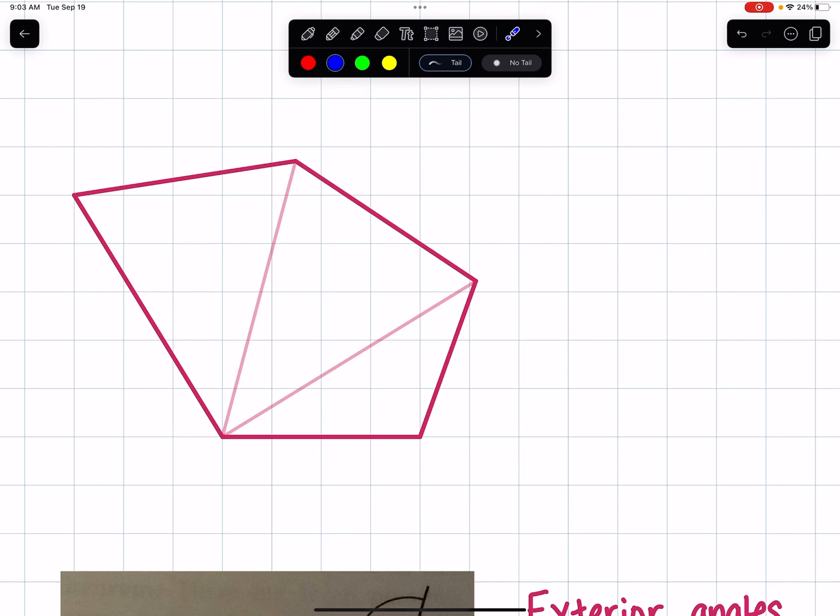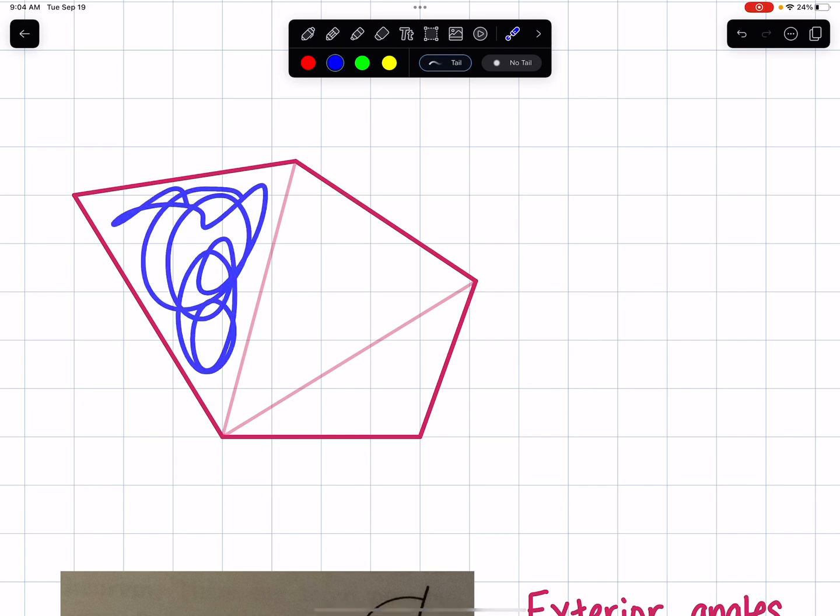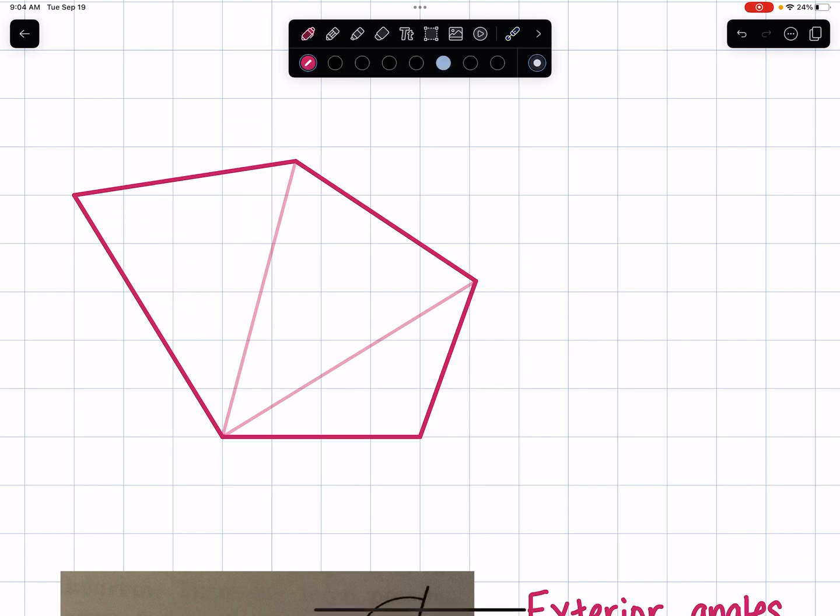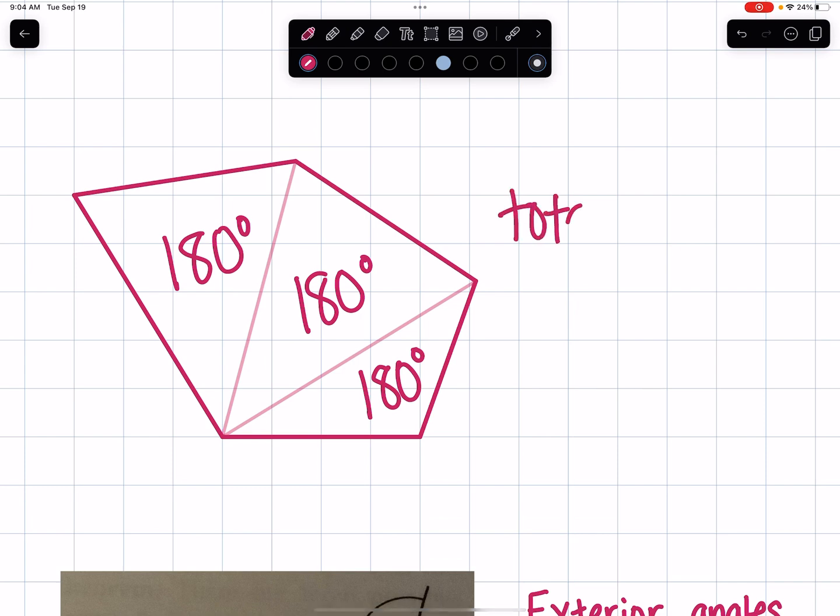Let's do this triangle first. If you add up the interior angles of that triangle, it's 180 degrees. And then this is a new triangle. If you add up the angles of that triangle, it's 180 degrees. Same with this triangle, 180 degrees. So if you take 180 plus 180 plus 180, the total is going to be 540 degrees.